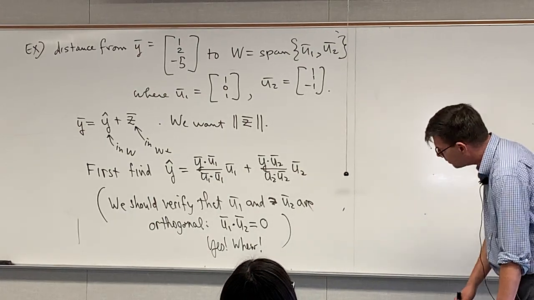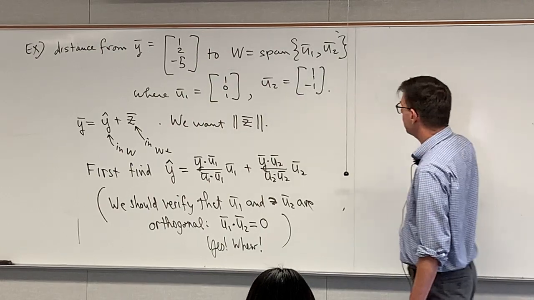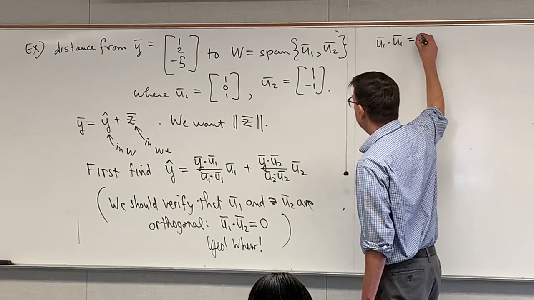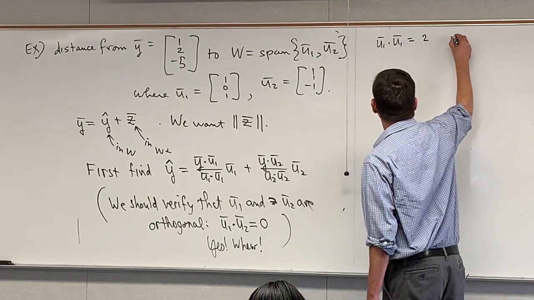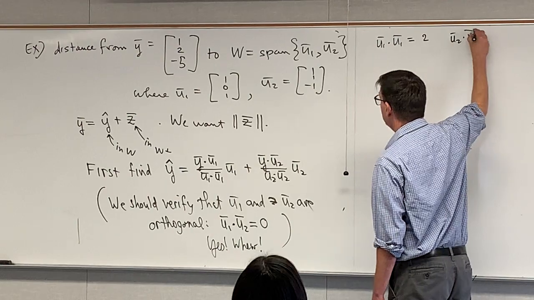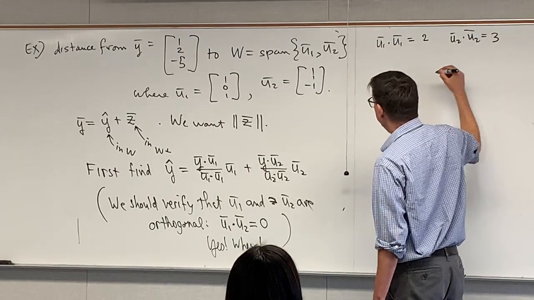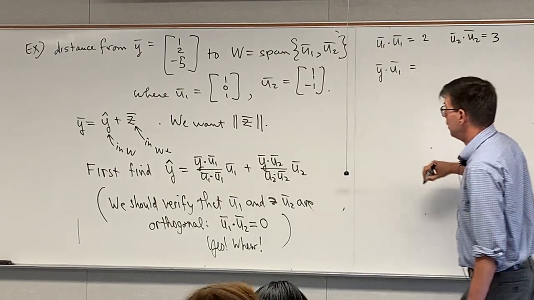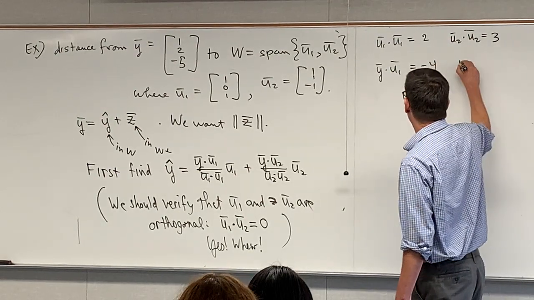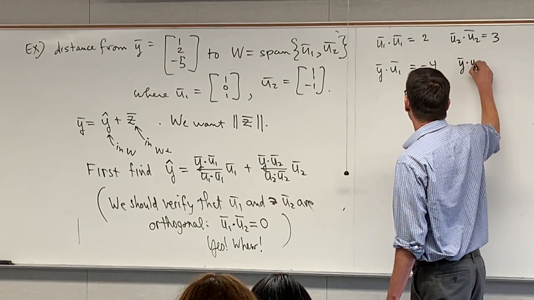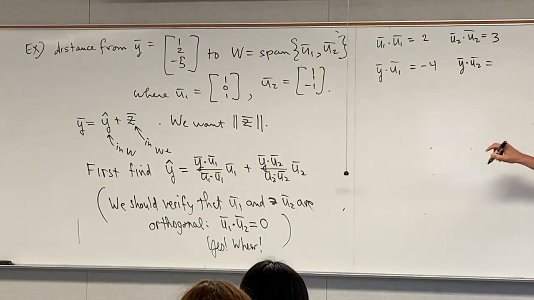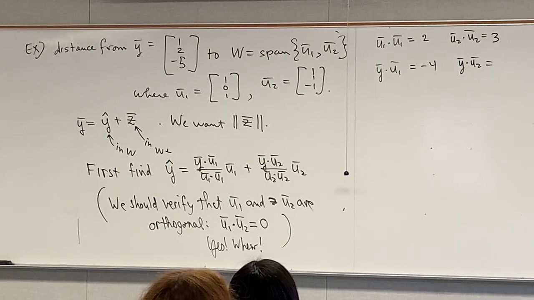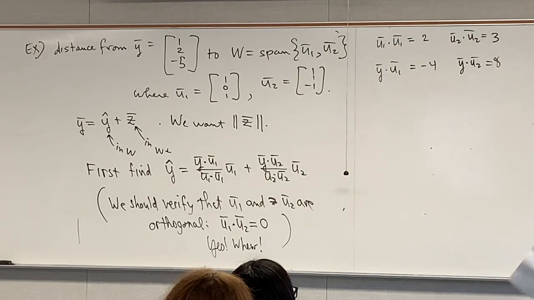And now it's just this mess of dot products that we got to calculate again. u1 dotted with u1 is 2. u2 dotted with u2 is going to be 3. y dotted with u1 is negative 4. y dotted with u2, tell me if I'm making a mistake, is 3 plus 5, which is 8, positive 8.